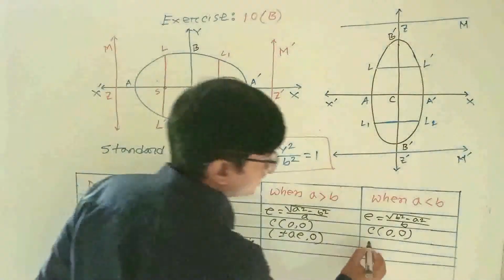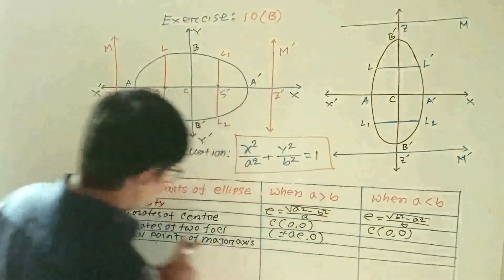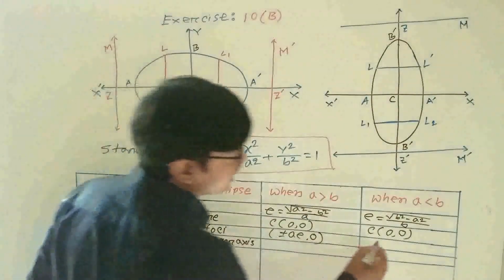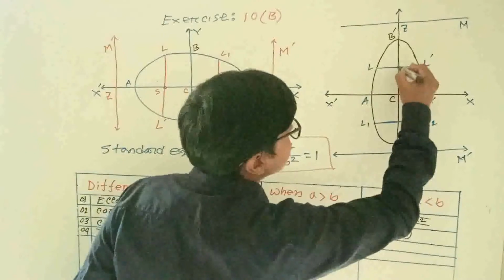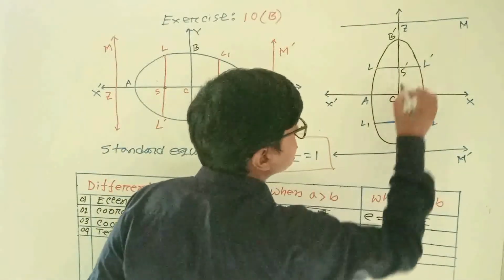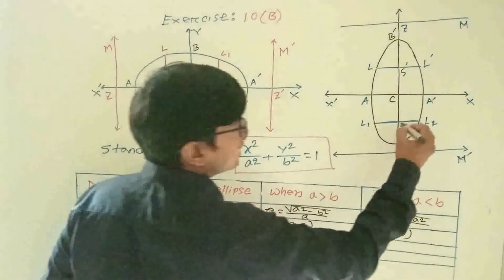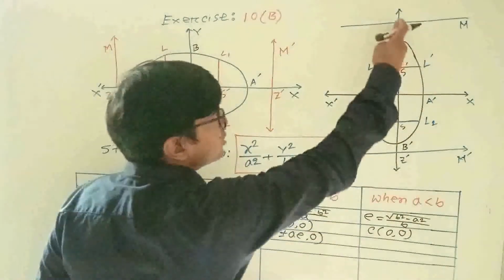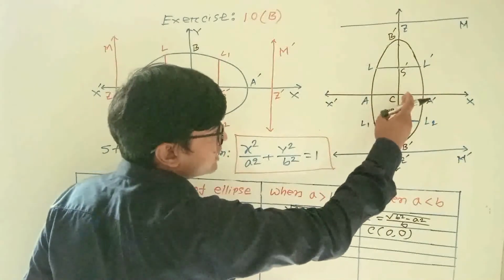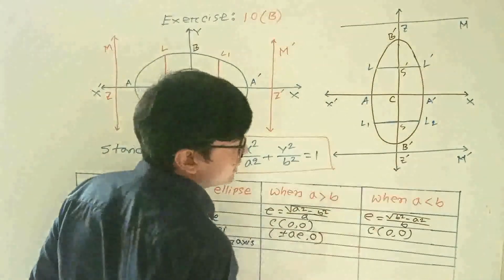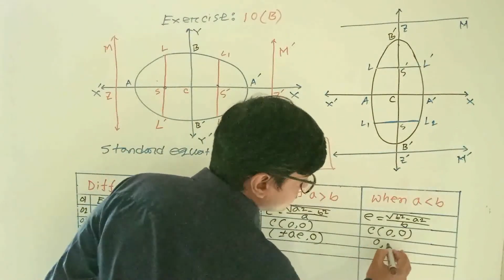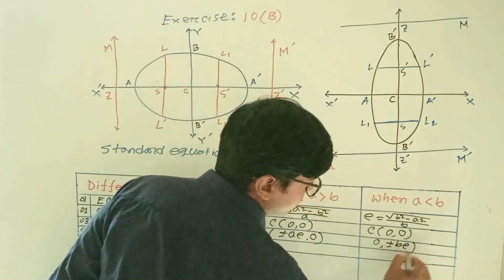And here the coordinates of the two foci, S and S prime, for this figure, the major axis will be along B. That's why it will be 0, plus minus BE.